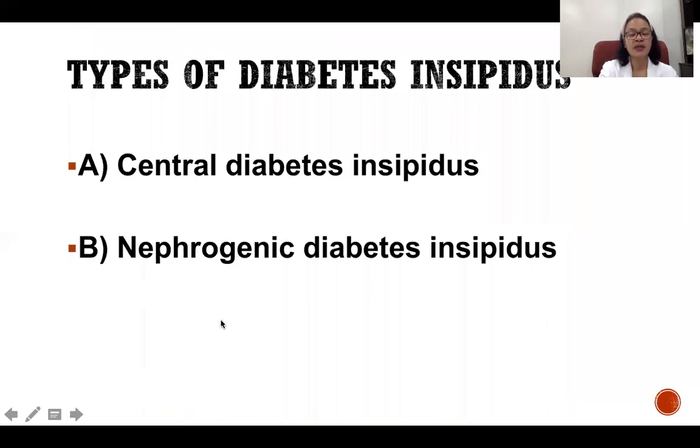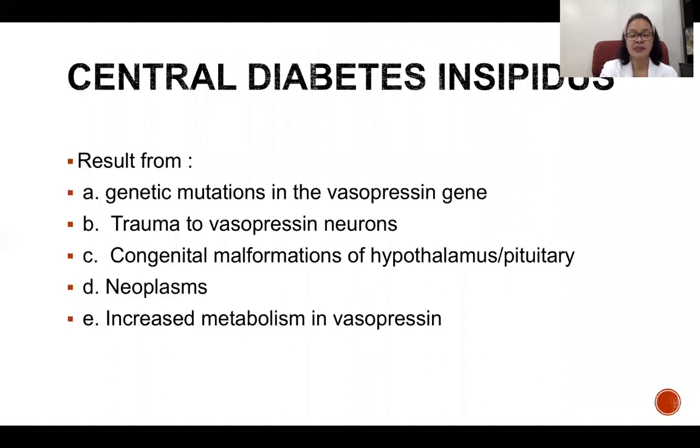So there are certain types of diabetes insipidus. We have central diabetes insipidus and nephrogenic diabetes insipidus. When you say central diabetes insipidus, this results from genetic mutations in the vasopressin gene.